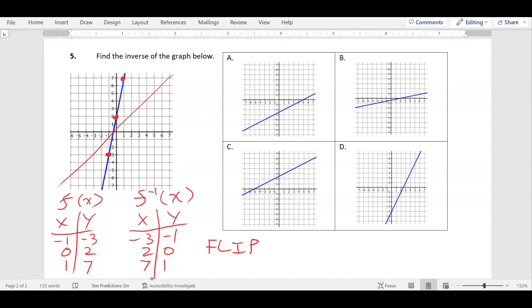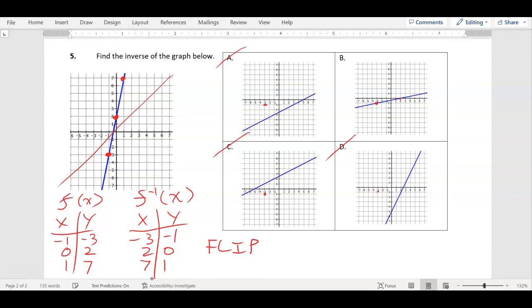All right, so let's find these answer choices and see which one of these lines has these 3 points. So -3, -1. Nope. -3, -1. That's good. -3, -1. Nope. Let's see if B has all the points. 2, 0.